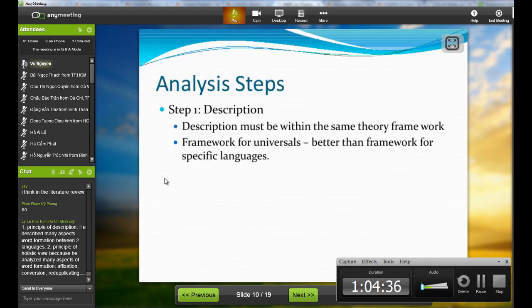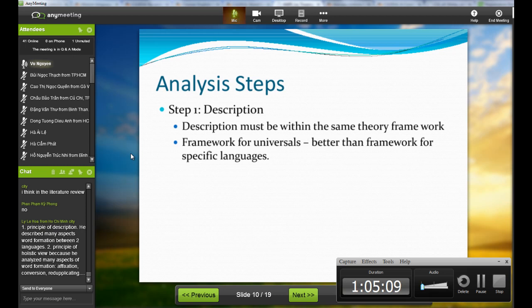Now, we move on to the steps and the methodologies. The first thing that we need to do in order to describe a language pair and contrast is to describe in as much detail as we can.